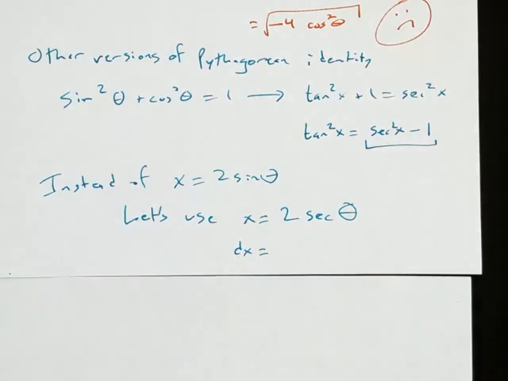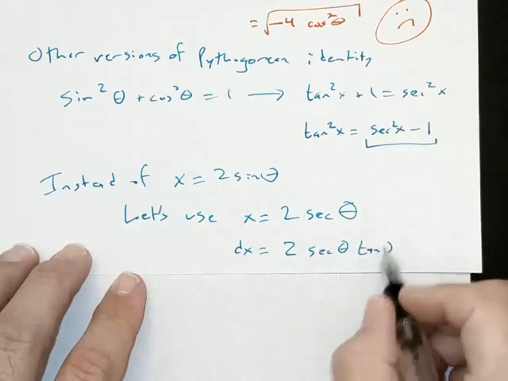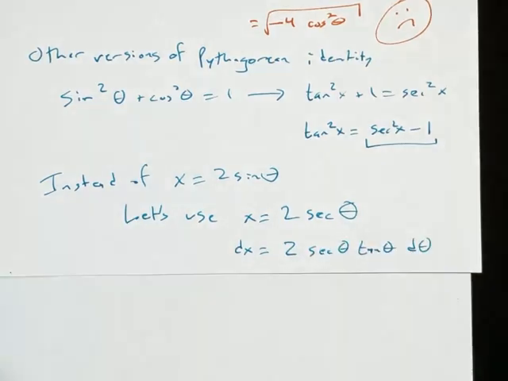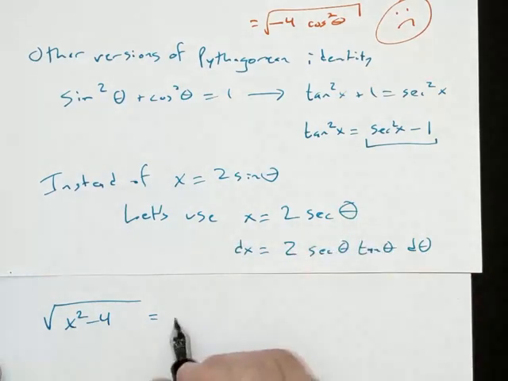What's the derivative of secant theta? It'd be secant theta, tangent theta, d theta. So x equals 2 secant theta, and dx is 2 secant theta, tangent theta, d theta. Now let's look at that square root of x squared minus 4 again, and we'll do this substitution.